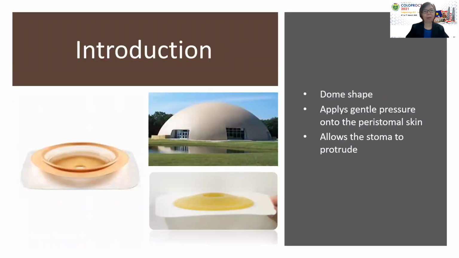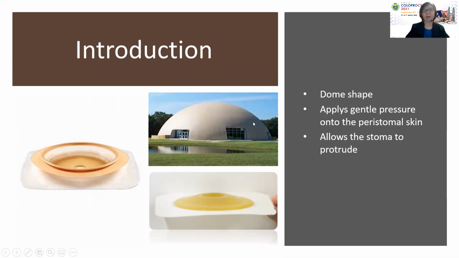Now, if you have a patient with retracted stoma, usually a convex skin barrier is required. The picture here shows a convex skin barrier. When you overturn it, it is actually a dome-shaped appliance, quite similar in shape to this dome-shaped structure.